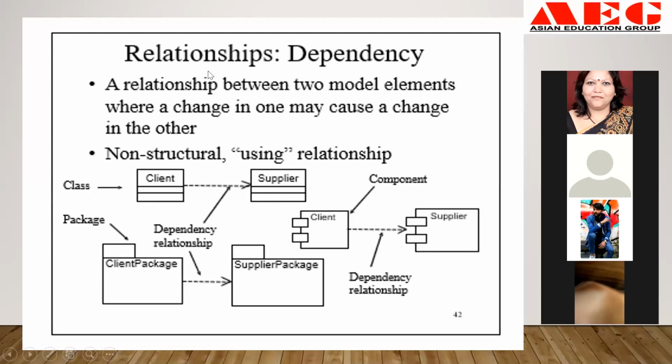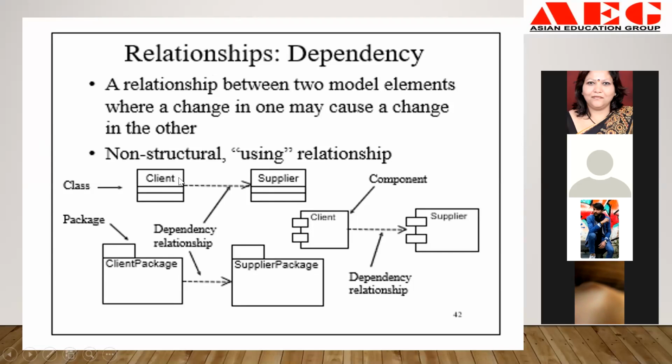Relationship dependencies: a relationship between 2 model elements where a change in one may cause a change in the other, a non-structural relationship. If you study this example, then we have to find the small relationship between all these. So client and supplier.